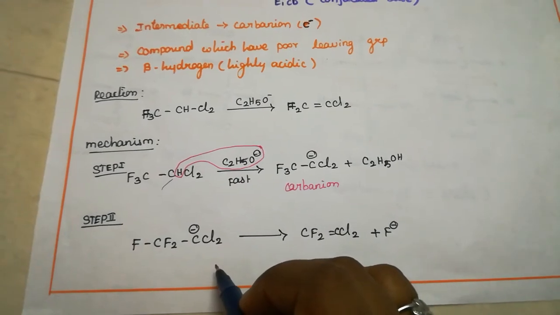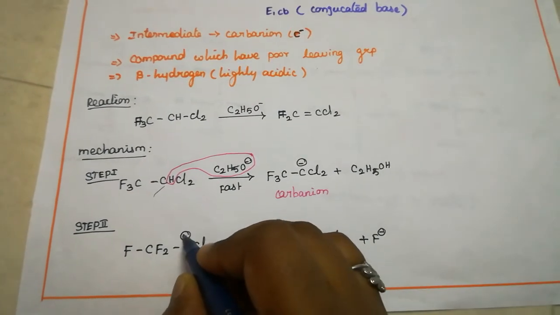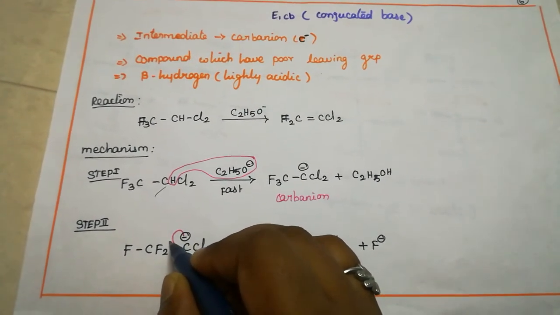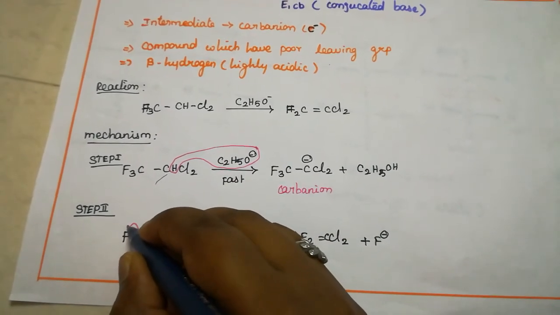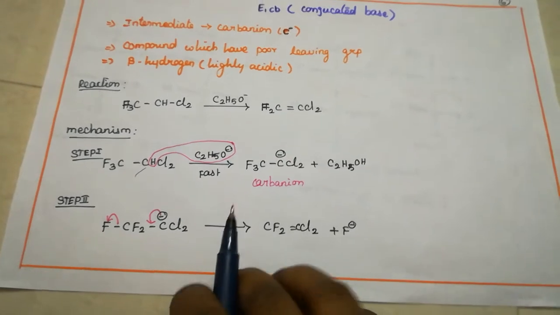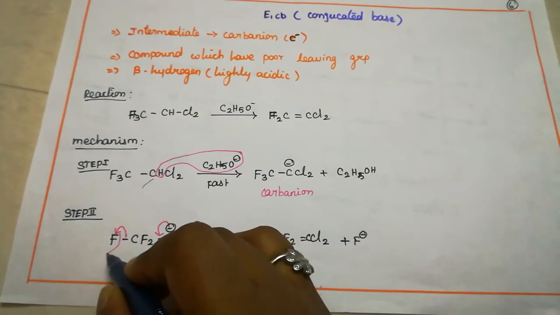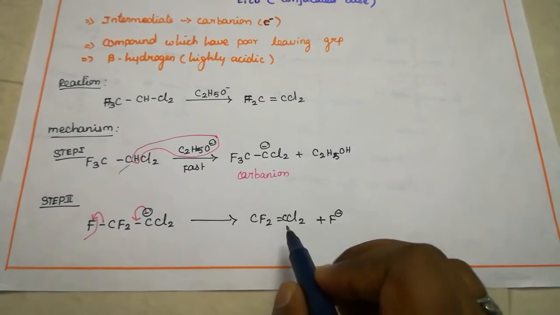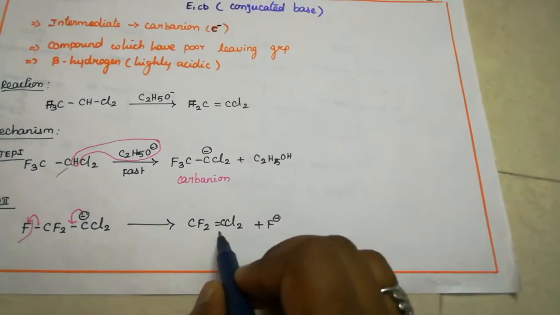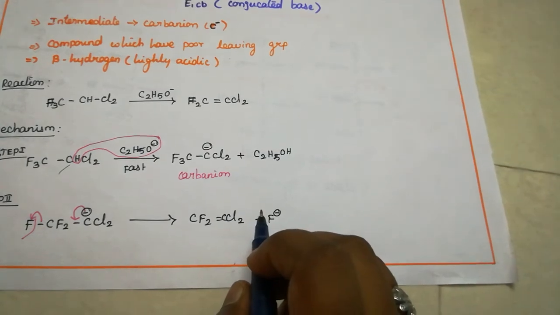The second step, what will happen? Here this minus charge shifted to here, and this bond shifted to halogen. Then the halogen gets eliminated. So from this reaction we get the final product of alkene.